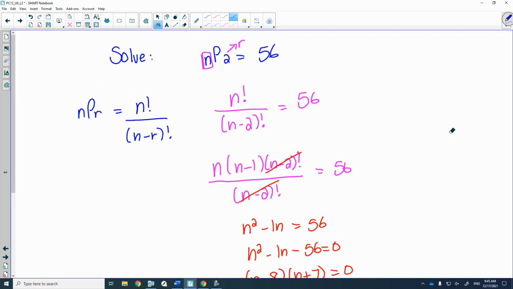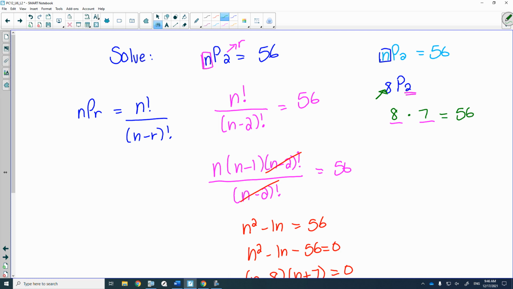Okay. So again, we were given n permute 2 is equal to 56. We're going to verify that that's 8. 8 permute 2 would be two different stages, and 8 elements or 8 letters that were available. So 8 can go in the first stage, 7 in the second stage, and 8 times 7 is 56.